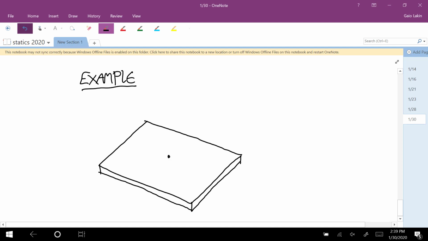And at the center here, I'm going to draw the coordinate system we're going to use. So let's make the x-axis go that way, the y-axis go up, and the z-axis to the side.